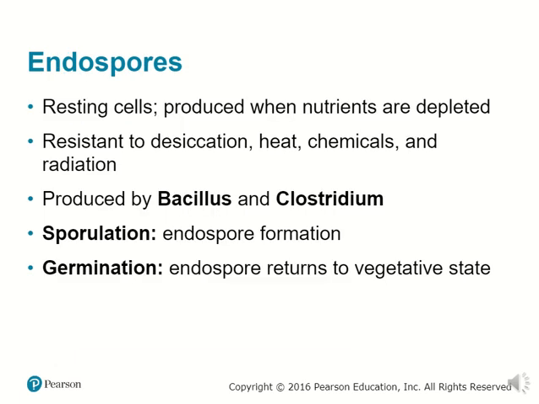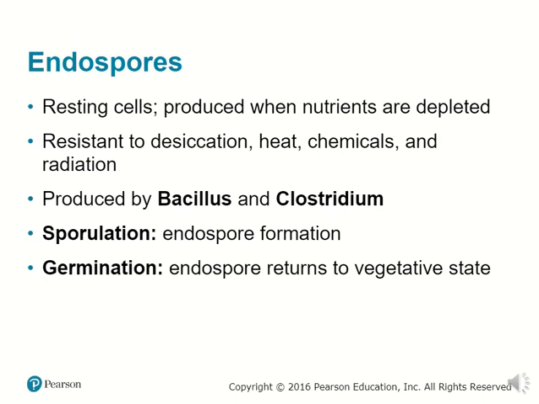Endospores are resting cells produced when nutrients are depleted. Basically, cells turn into endospores when they have no surrounding nutrients. These endospores, or these changed cells, are very resistant to desiccation, to heat, to chemicals, to radiation, desiccation being dried by salts.